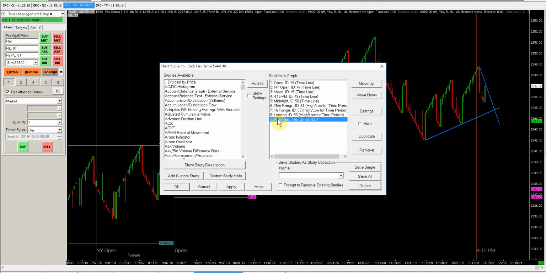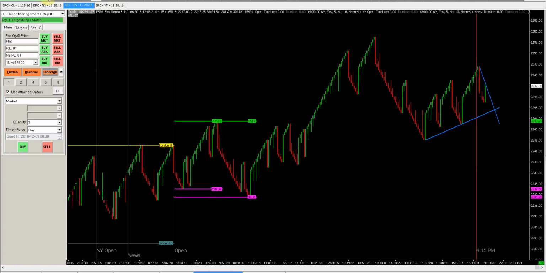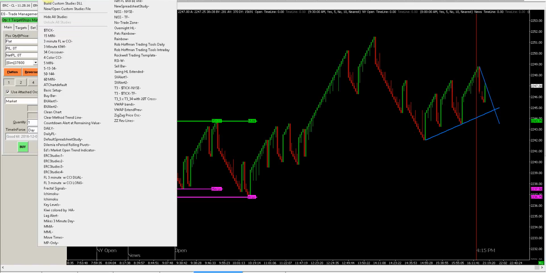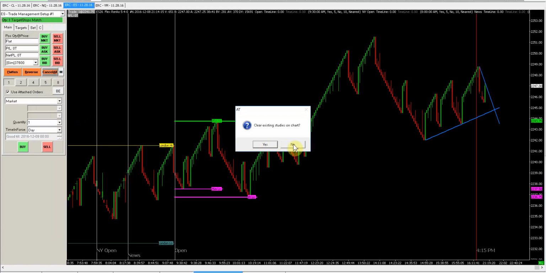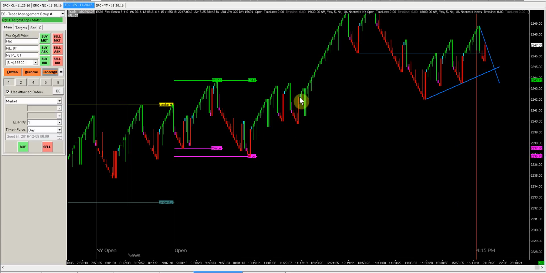I will put on, oh, sorry, I've got another one up here. I'm going to put in what's called a clear method trend line. What's nice is that you'll see these little trend markers, the cyan and magenta.